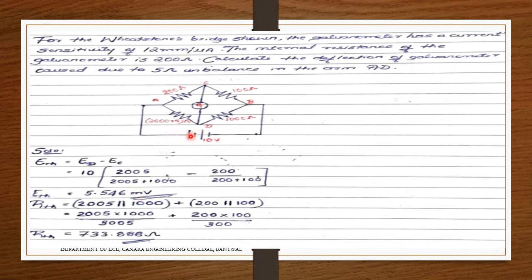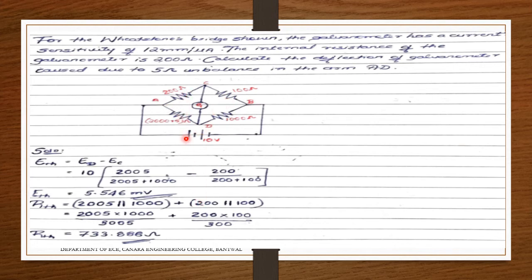So what is the RTH? As I mentioned earlier, the galvanometer, the current source, will be removed and the voltage source will be shorted, and this will be open circuit here.